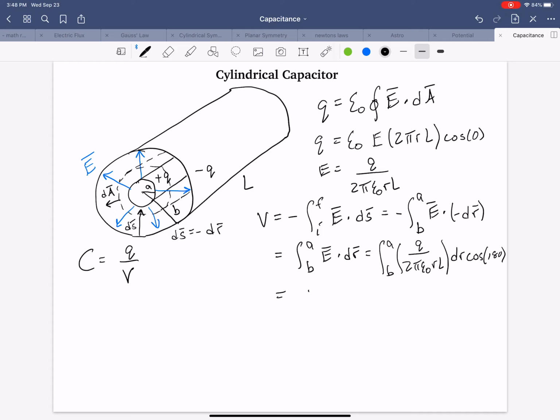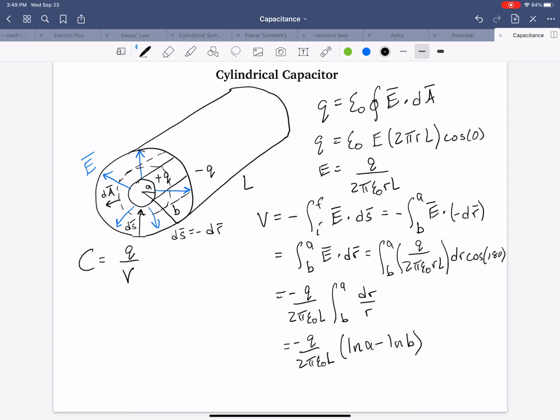All right, so the constants come out of the integral. Q over 2 pi epsilon naught, the length overall it is a constant, so that comes out. And so we just have a fairly straightforward integral of 1 over r, right? And so this gives us the following. Q over 2 pi epsilon naught L times the natural log of A minus the natural log of B, right? Oh, should have a minus sign out front.